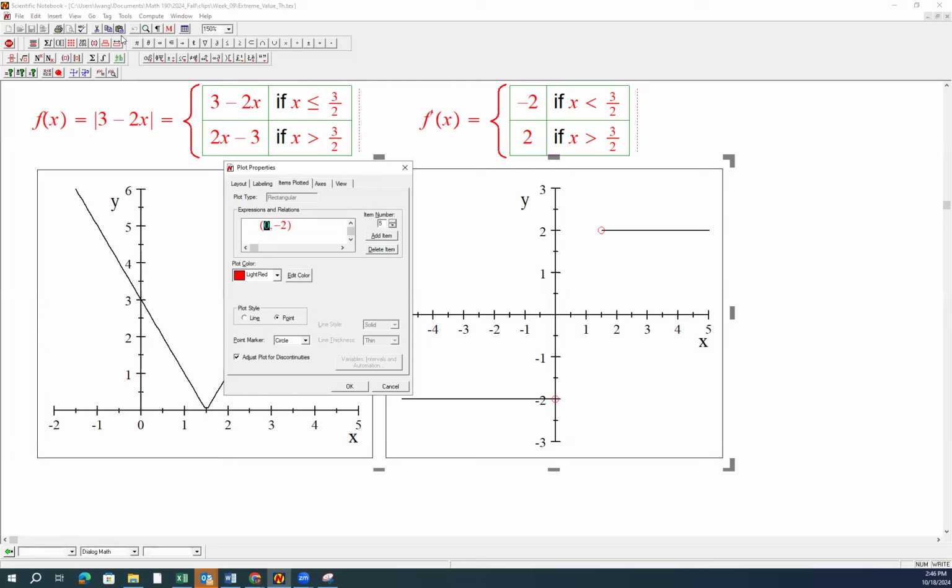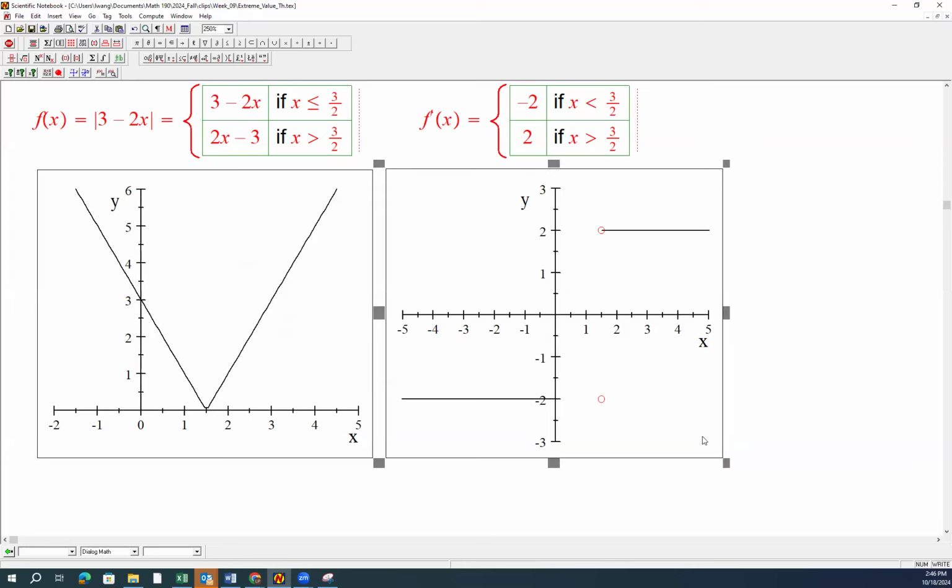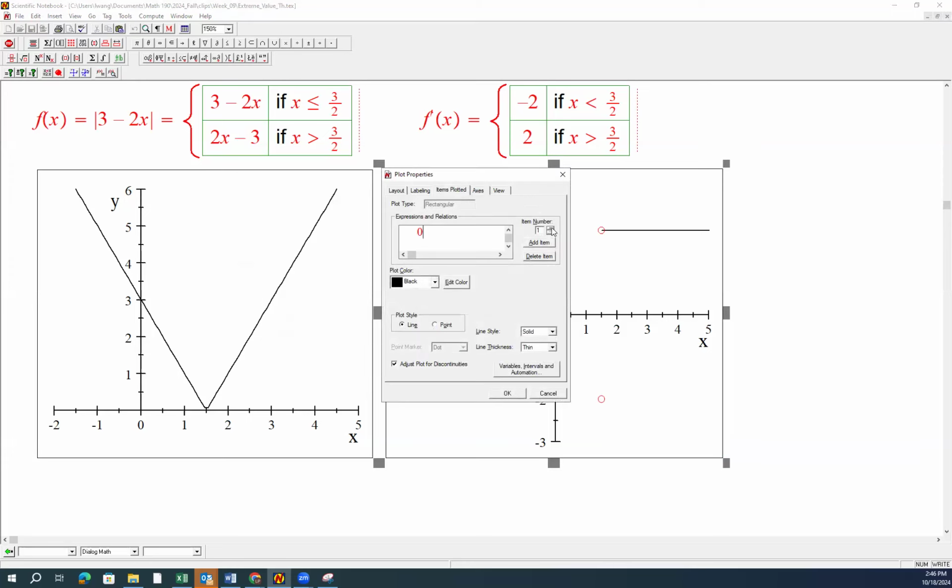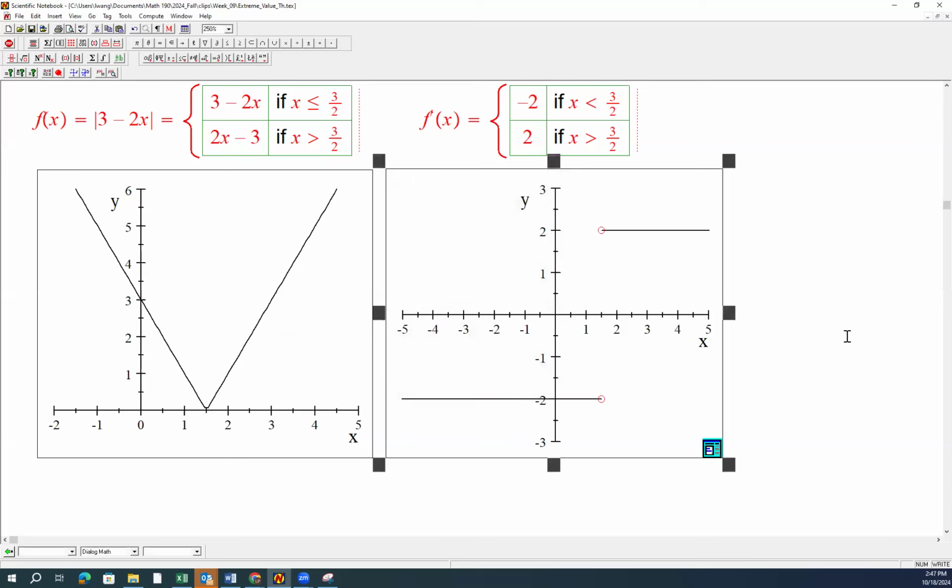This is 3/2, -2. There's another line. Here we go. Okay, this is correct.